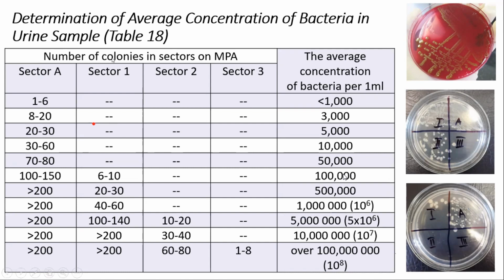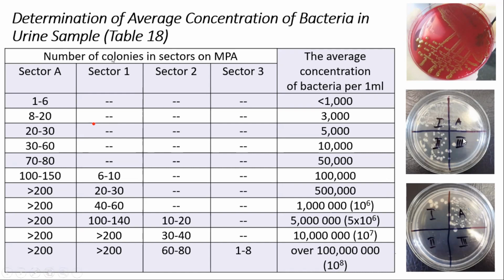It is already bacteriuria for both men and women, right? You can see few colonies in quadrant 1, numerous in quadrant A. It starts from bacteriuria here for both male and female urine.